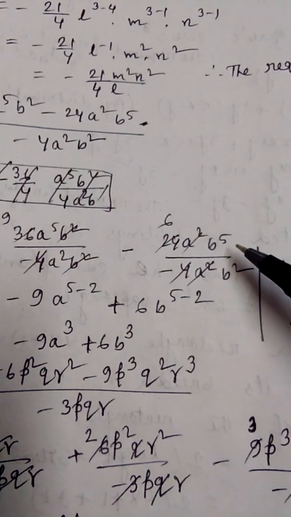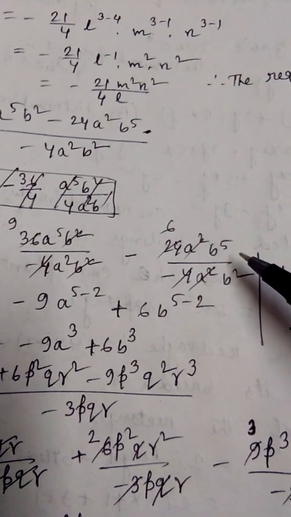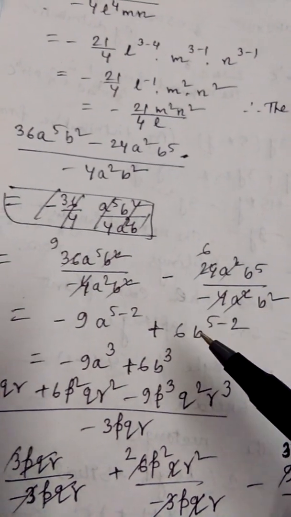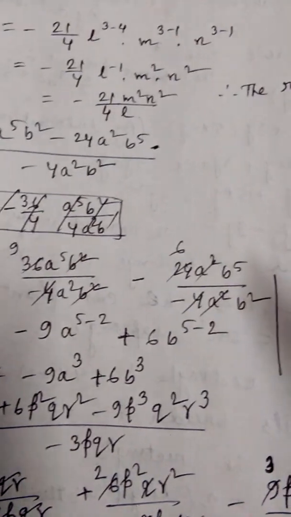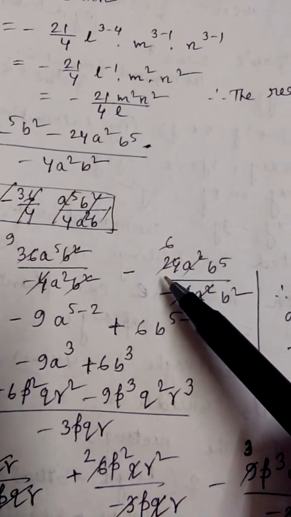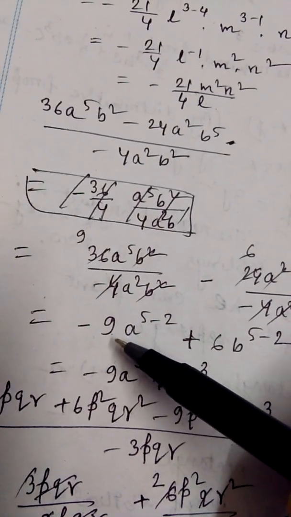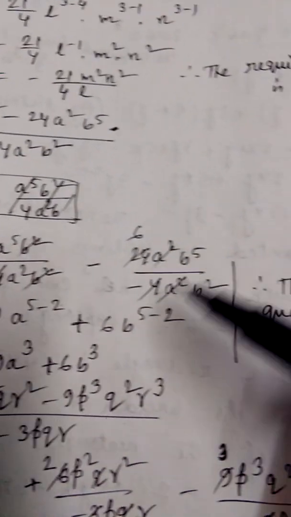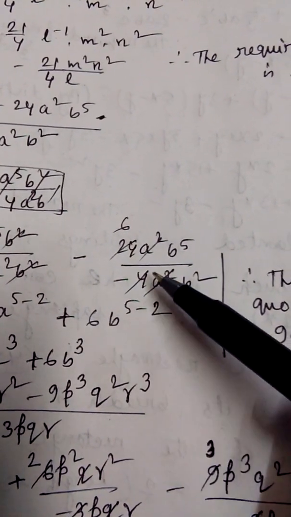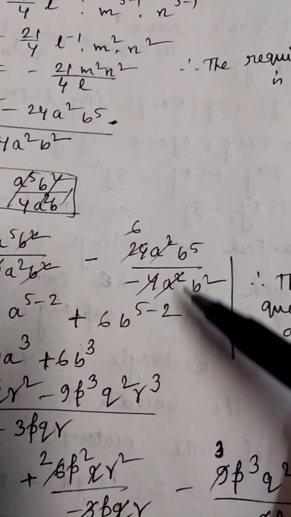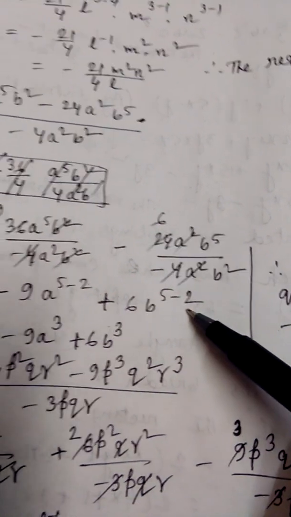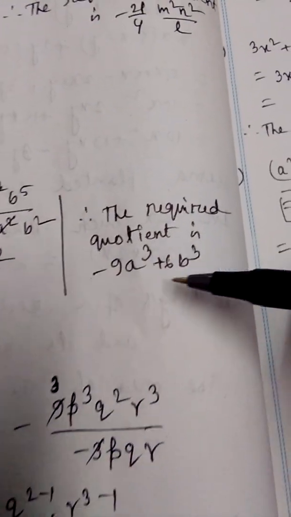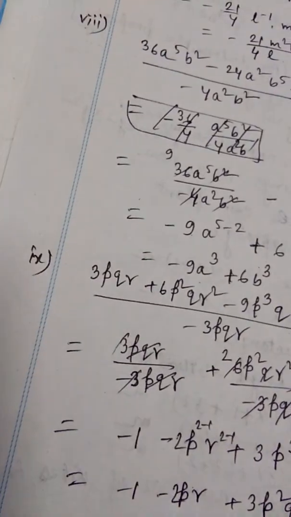Using the right distributive property for division, we can write this step equal to minus 9 a to the power 5 minus 2 b square is discarded, minus by minus is plus 6 a square is discarded and b to the power 5 minus 2, that is minus 9a cube plus 6b cube. Therefore, the required quotient is minus 9a cube plus 6b cube.